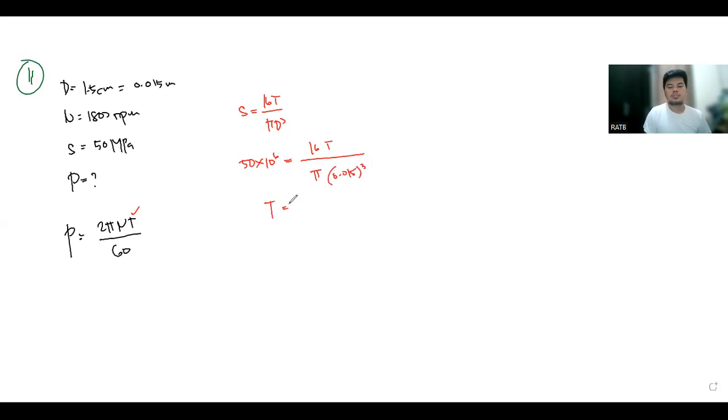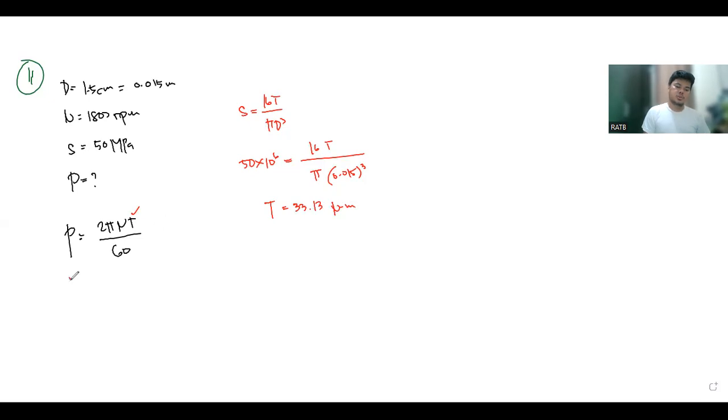So T then can be given as 33.13 Newton meter.